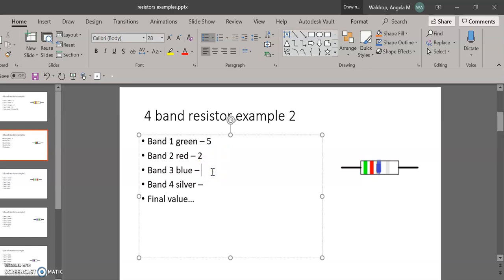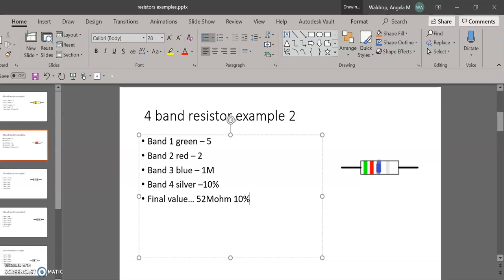The blue is the multiplier band, and that's 1 mega ohm. The silver tolerance in this case is 10%. So our final value is a 52 mega ohm resistor with a tolerance of plus or minus 10%.